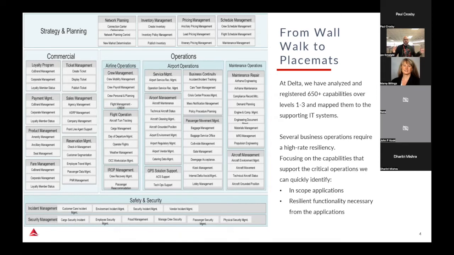So as we were developing new functionality in a particular application that enabled a certain capability, we knew who the other periphery business partners were and could bring them in, as well as the other IT partners that we would need to bring in. So that's where we started.